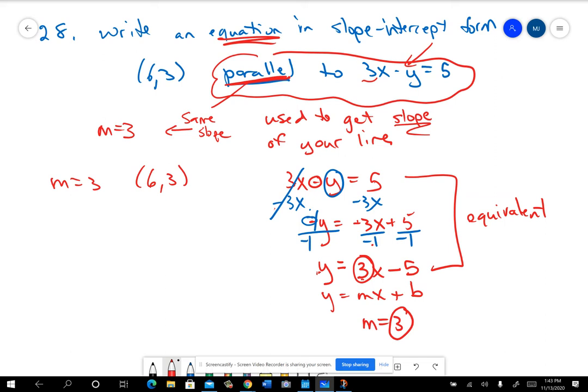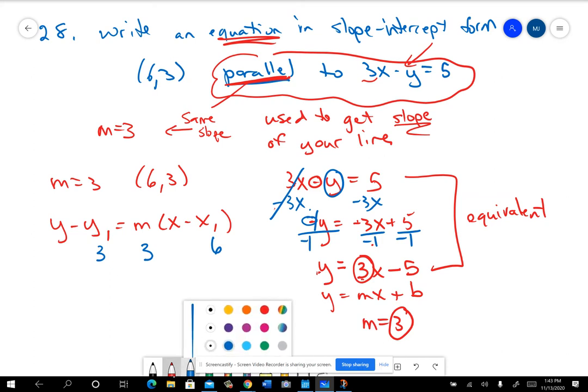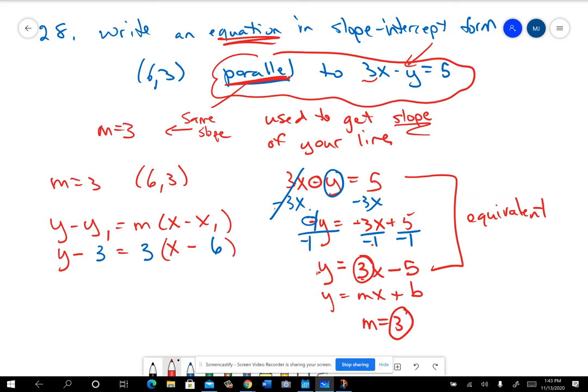So I'm ready to just write the equation of the line like I did in the earlier video. I'm going to get that point-slope form. Then I'm going to plug in for the slope, and for the y1 and the x1. They all are positive. The formula just has some minuses in it though, doesn't it?